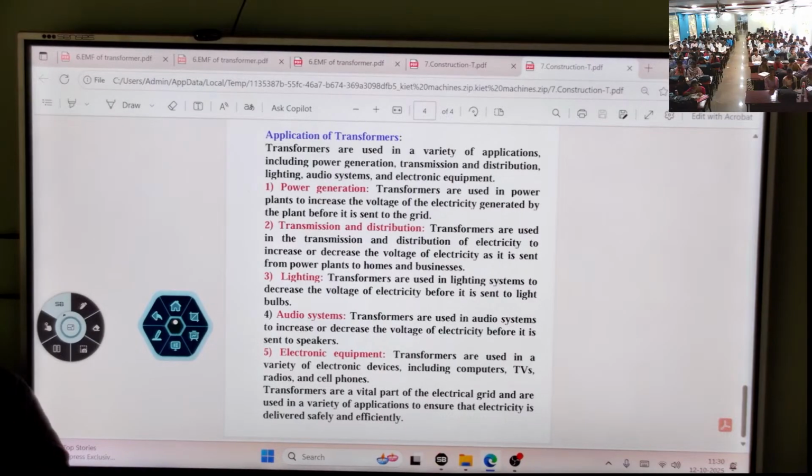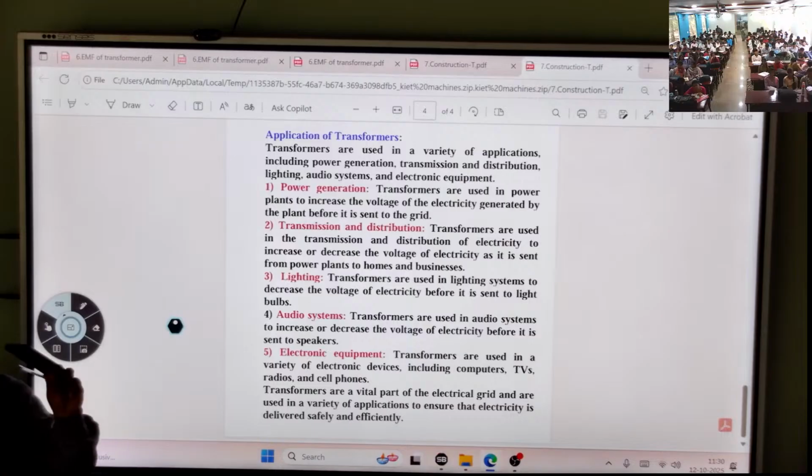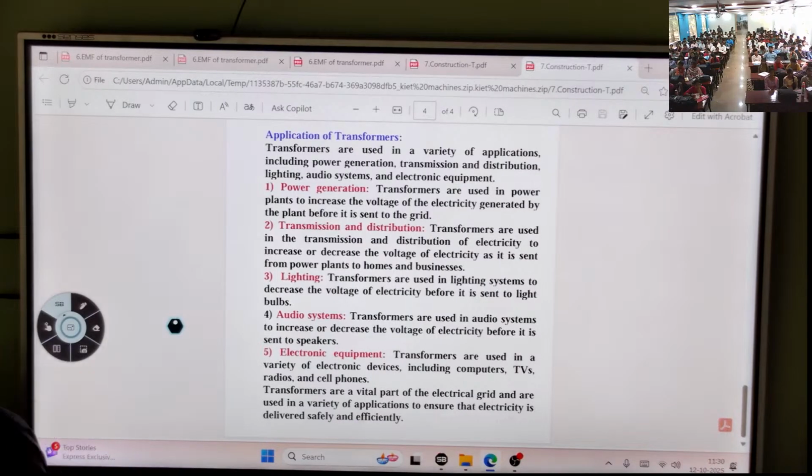In the cell phone also transformer is available. Inside of the cell phone, mobile phone, transformer is available. Why do we require a transformer again in the mobile phone? Why is it required?